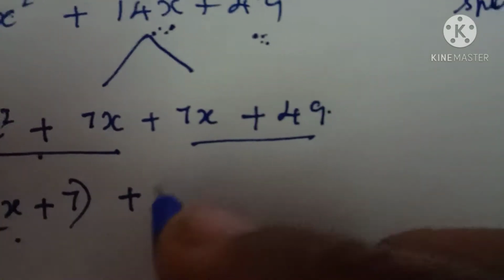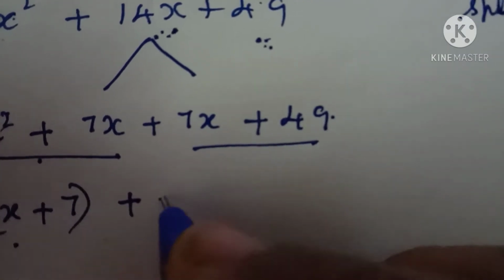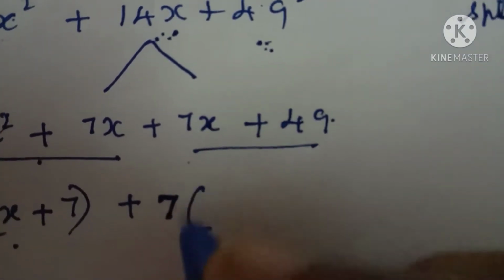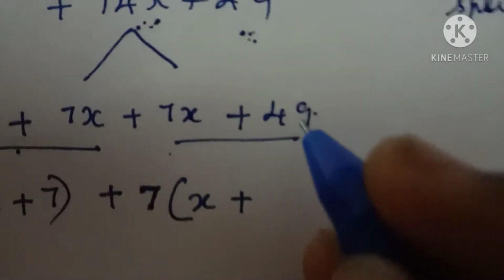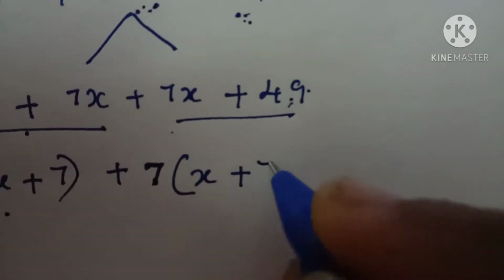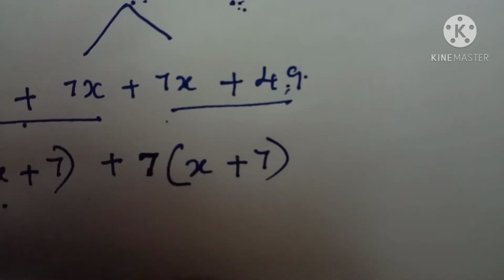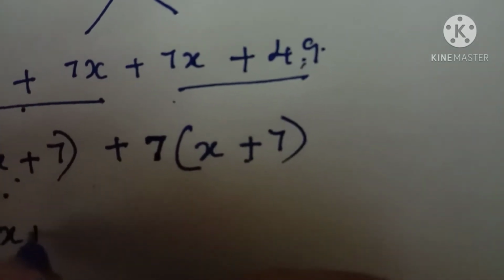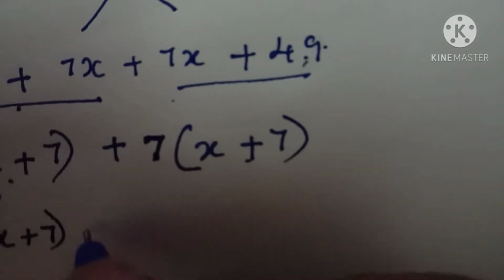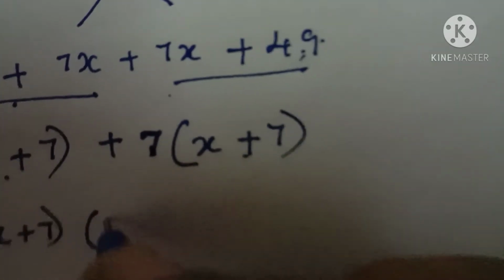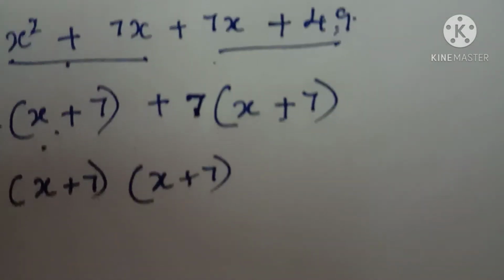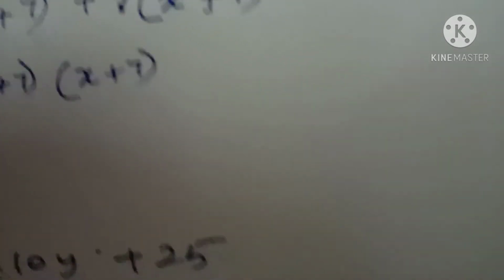So if you take the 7 as common, 7x by 7 is x, plus 49 divided by 7 is 7. Therefore first write the term which is in the bracket, x plus 7, the remaining is x plus 7. Therefore the factors are x plus 7 into x plus 7.